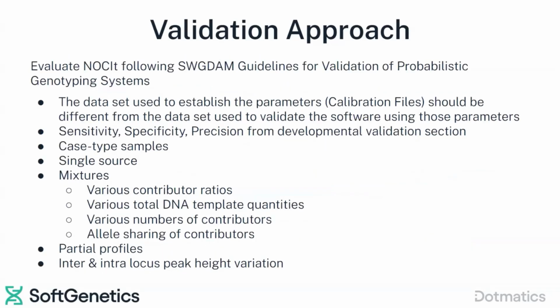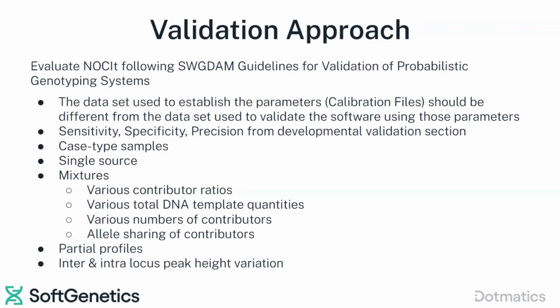So once you have your data set completed, you can begin validating the model. You want to make sure to use a different data set for your validation than you used for building your calibration data set. Basically, you can follow the SWGDAM guidelines for an internal validation. This would mean including samples to test the sensitivity, specificity, precision, as well as case type samples.